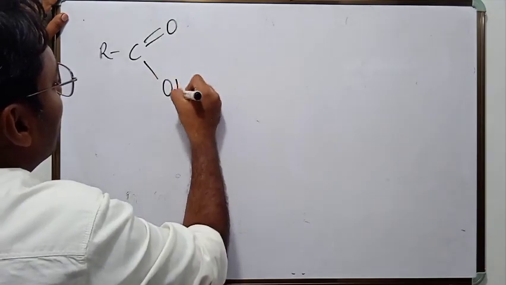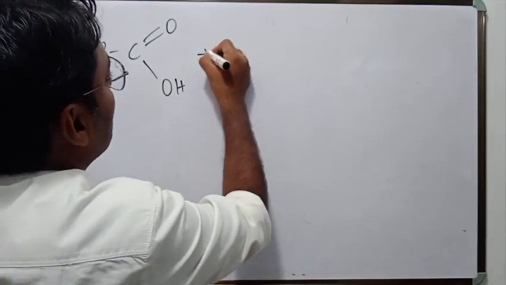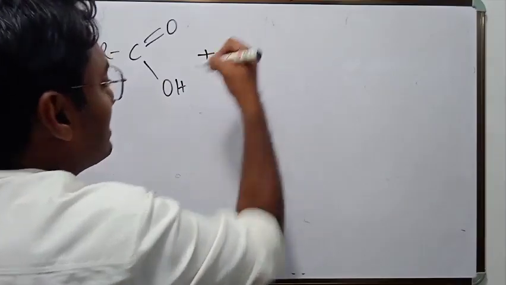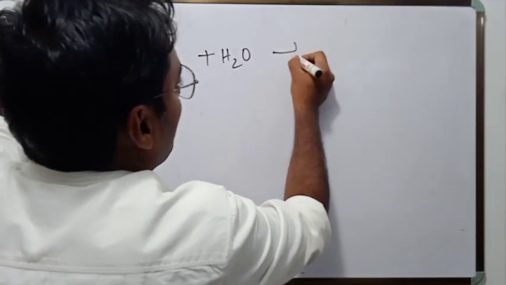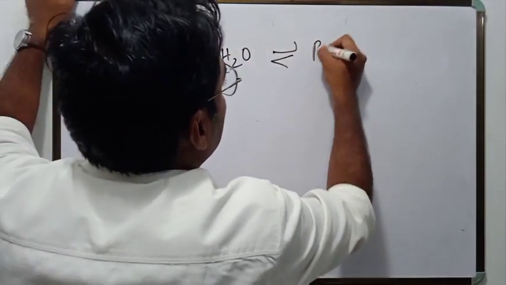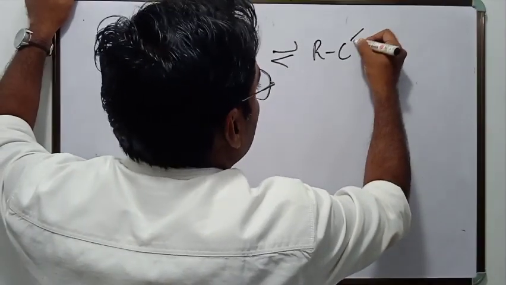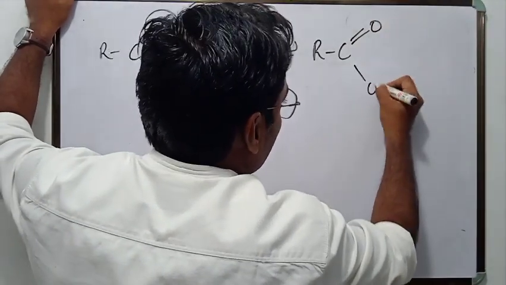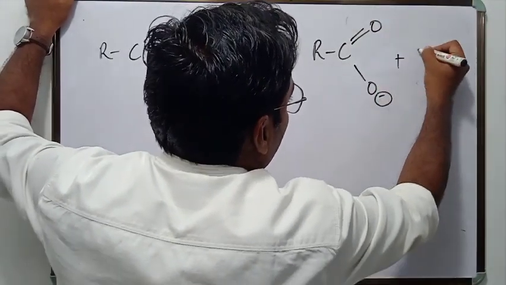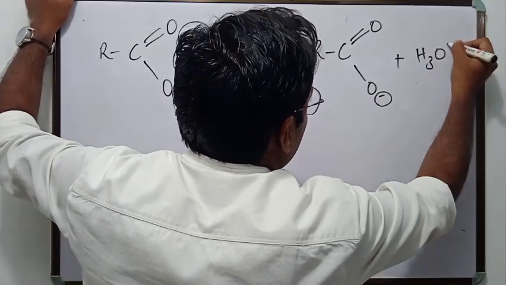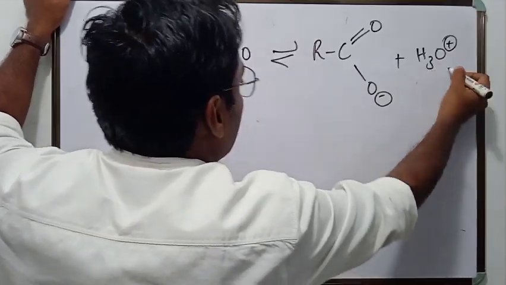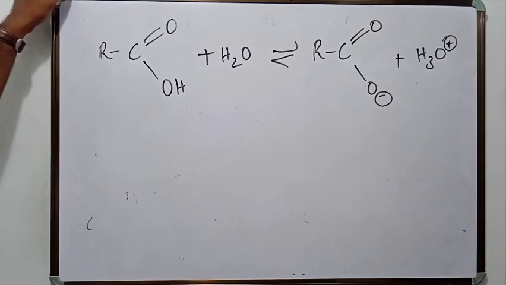So it is an Arrhenius acid, that is, when it is dissolved in water, its conjugate base, the carboxylate ion, is no doubt formed, but more importantly H plus is released into the water, leading to formation of hydronium ion.